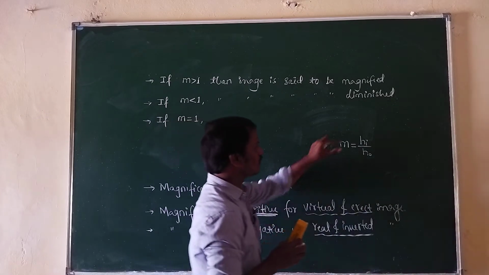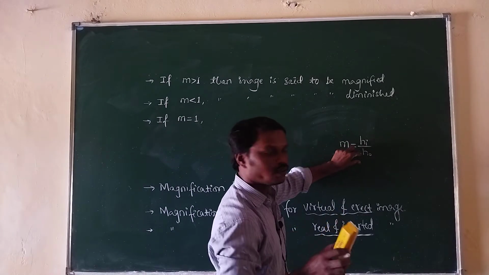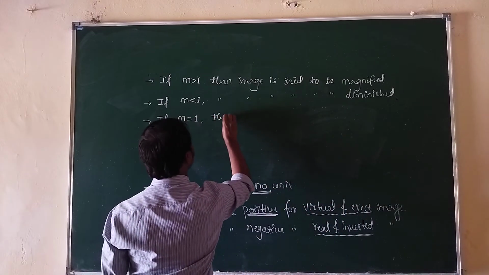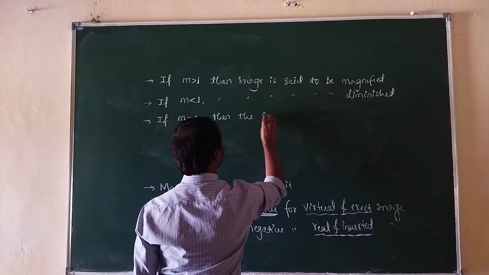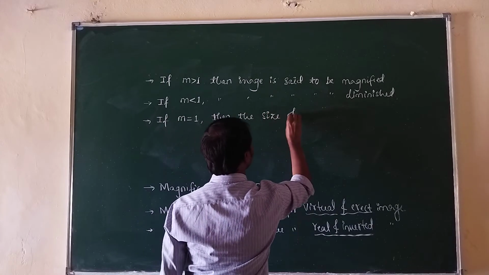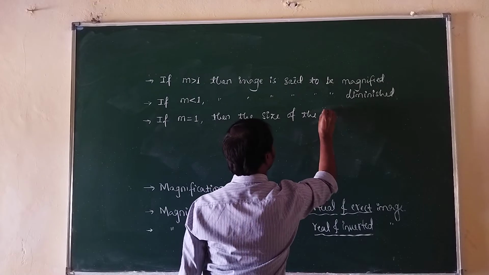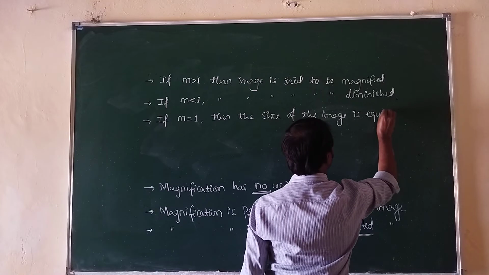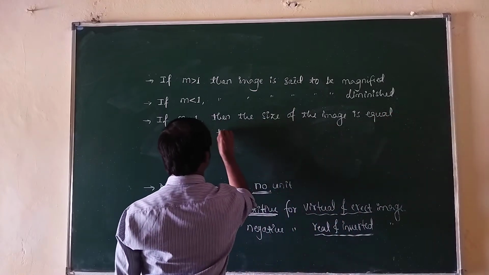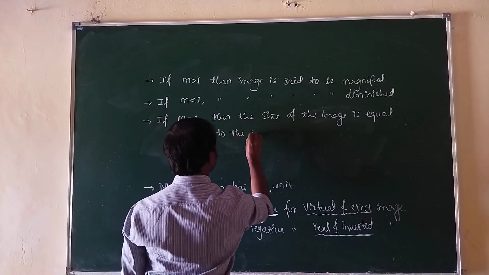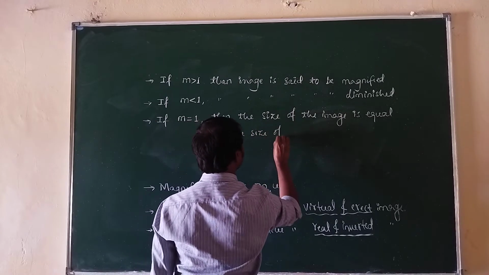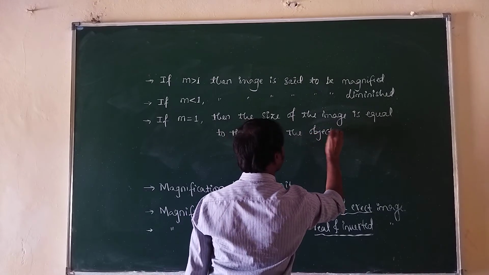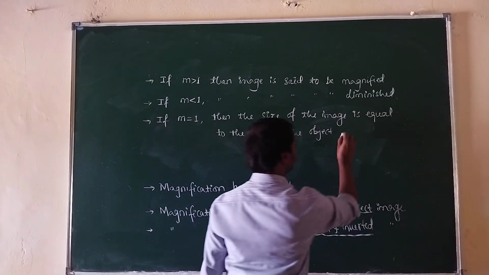That means the size of the image is equal to the size of the object, here hi is equal to ho.